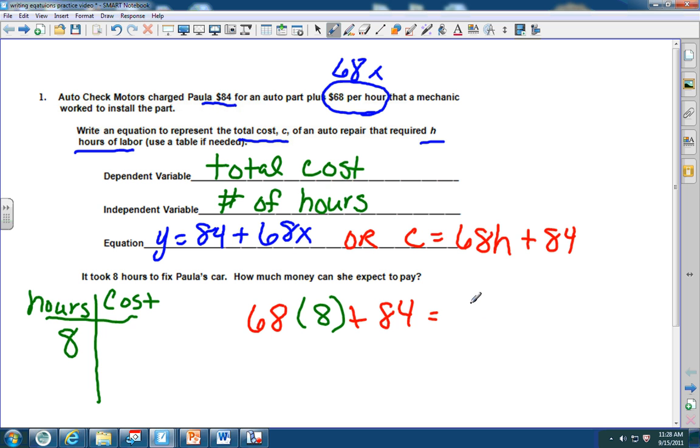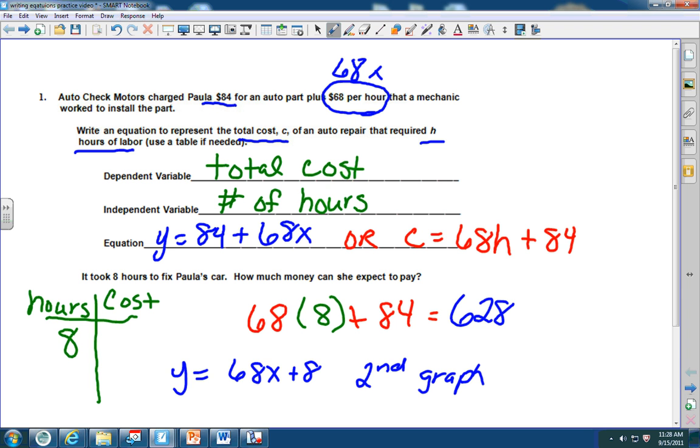So my answer is 628. Right here, if I go into y equals and put 68x plus 84 and press second graph, I can look where x is 8, and I find y to be 628.